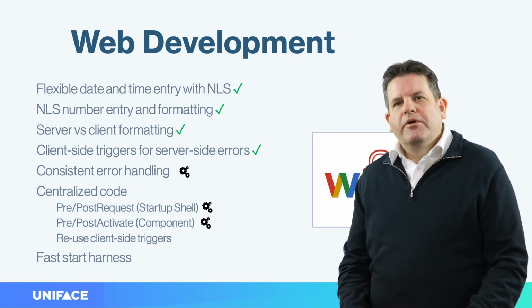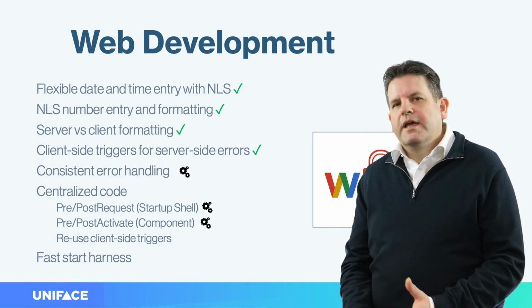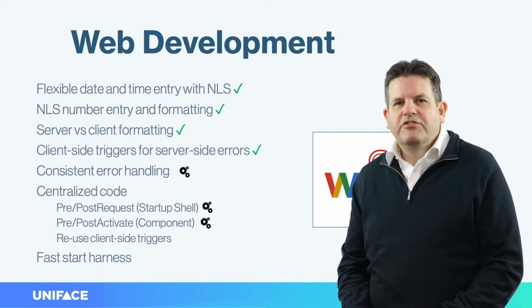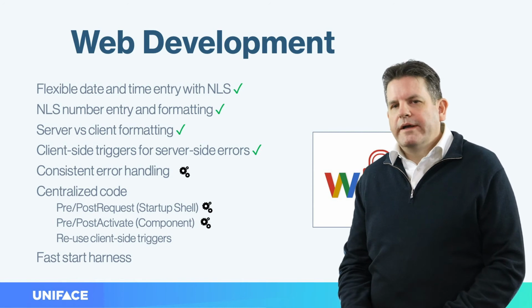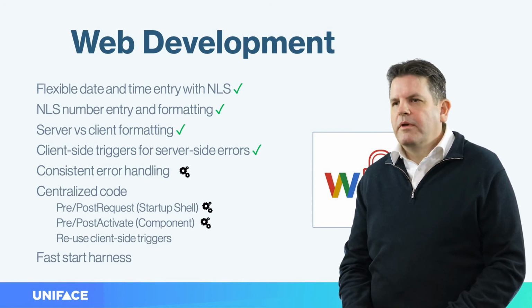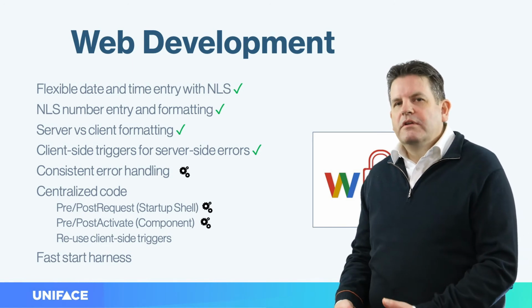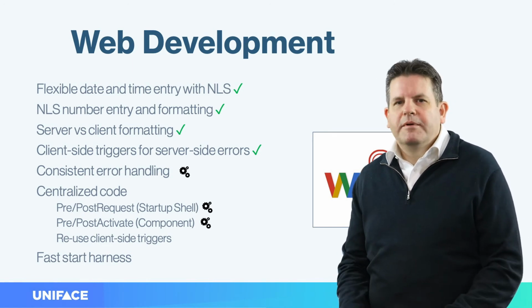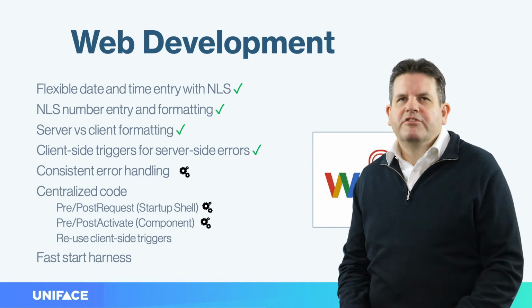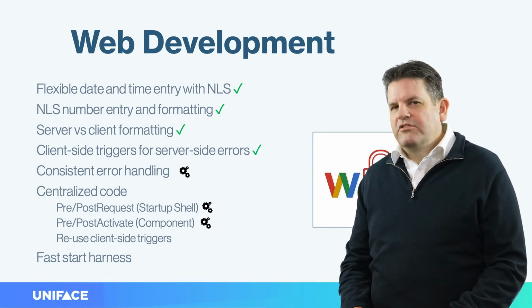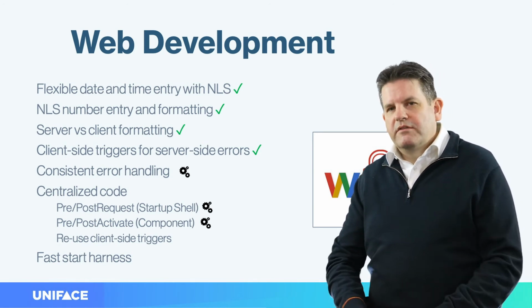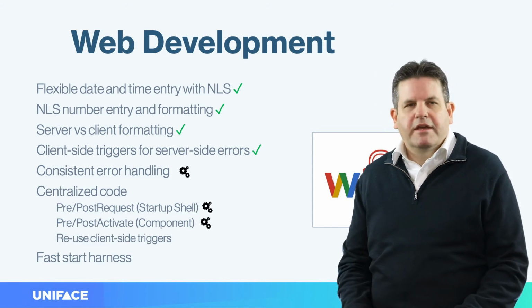So the whole point is that we want to reduce the duplication that you have to do within an application. At the moment, when you want to do some checking to make sure that the permissions are available, that's done in the operation. We want to be able to push that back up into the component or into the application startup shell, and really just generally make it available once, so that it's beneficial throughout the whole application.